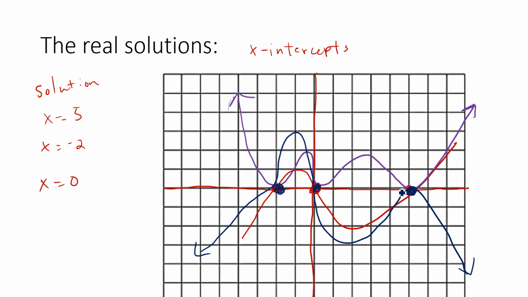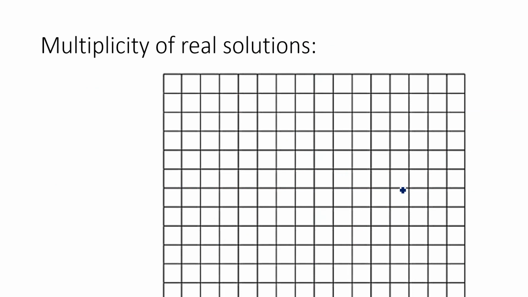Next slide. Okay, the multiplicity of real solutions. This one's really important. It actually tells you what it looks like whenever you have x-intercepts, like here. Let's say these 3 points, which are x equals 2, x equals 0, and x equals -4.